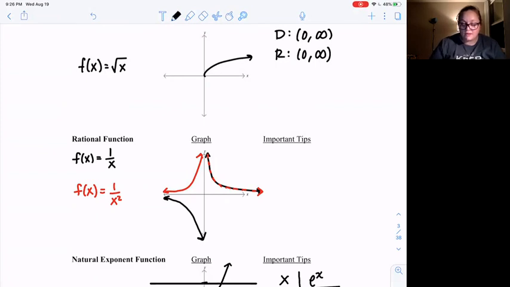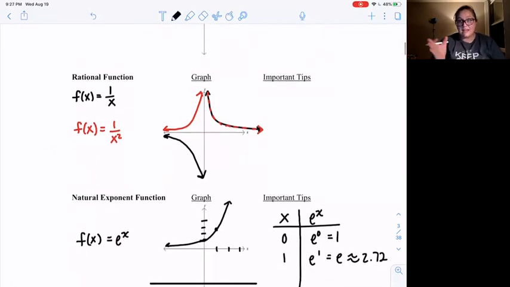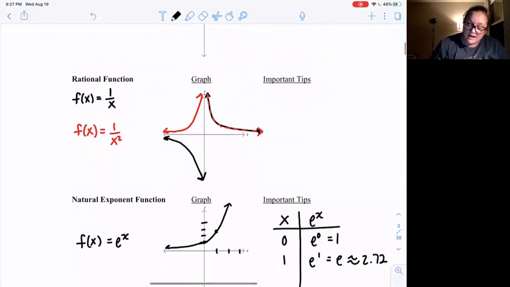So let's talk about how the domain and range are going to be written for this rational function. So as I said, it can't pass over x equals 0 because we don't want a 0 in the denominator ever. So we have that the domain is going to be from negative infinity to 0. And we are going to put a soft bracket because it does not intersect 0.